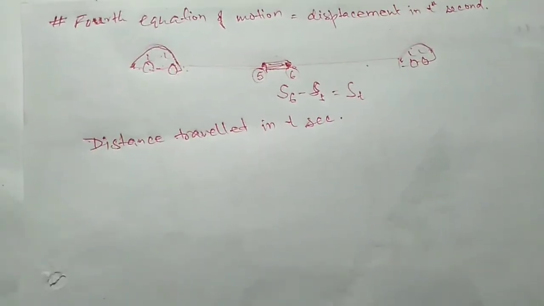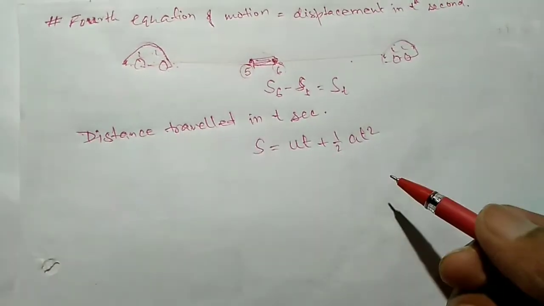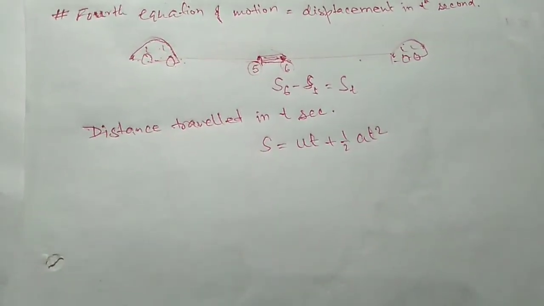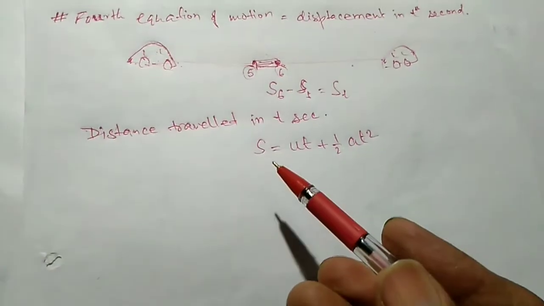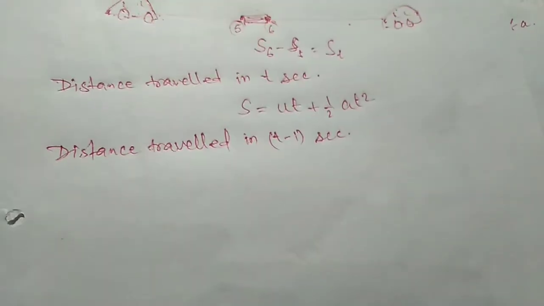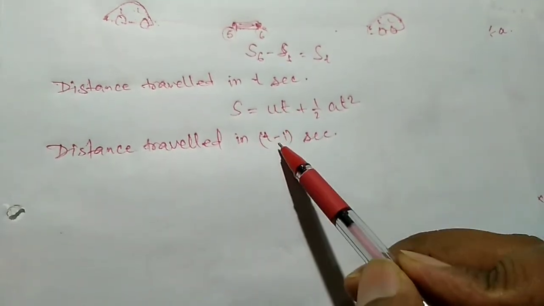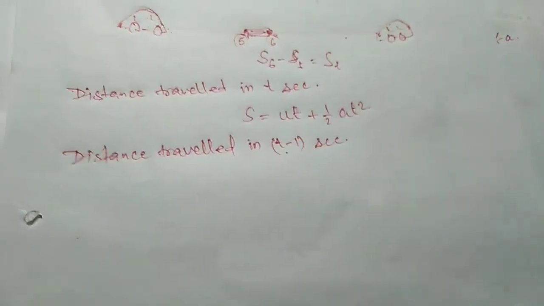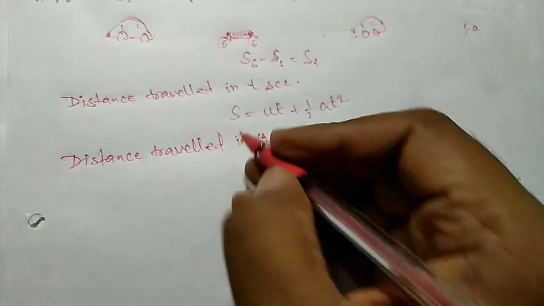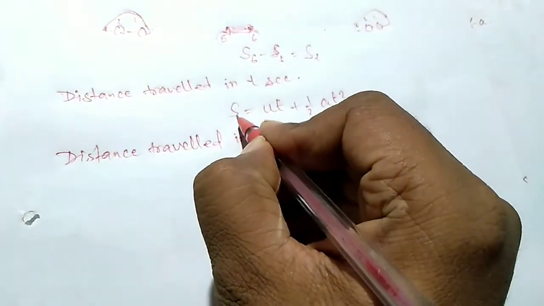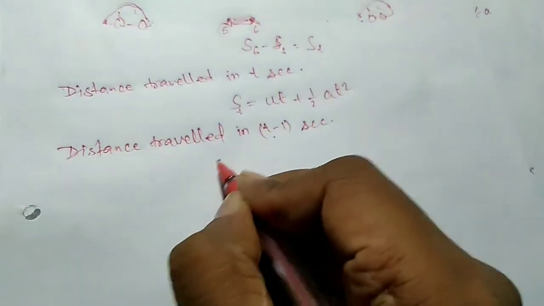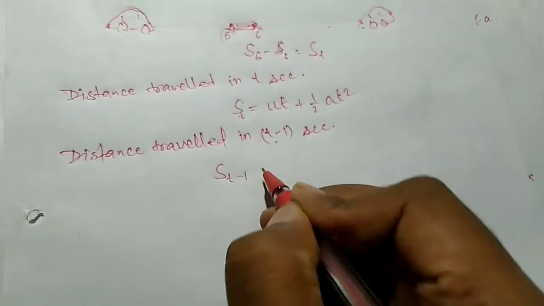We have the equation is this, s is equal to ut plus half at square, and the distance traveled in the t minus 1 second, just 1 second before this one, means at every place of the time we have to put t minus 1. Let's fill that. So to make it different, I'm naming it s_t, the distance traveled in t second, and here s_(t-1), the distance traveled in t minus 1 second.